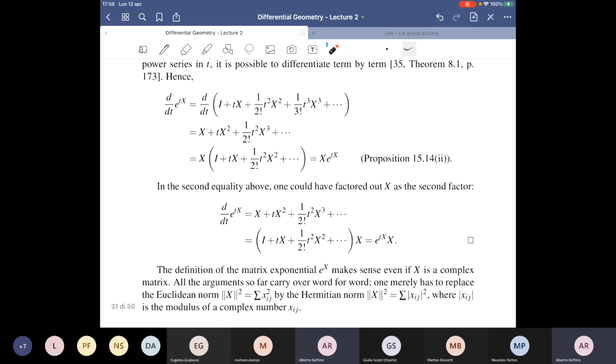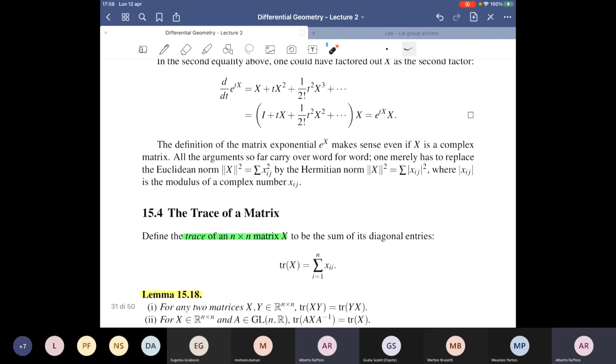And you can do this both collecting x on the left and collecting x on the right. Okay, and then you can also define everything we said here also when the matrix is a complex matrix and not a real matrix.